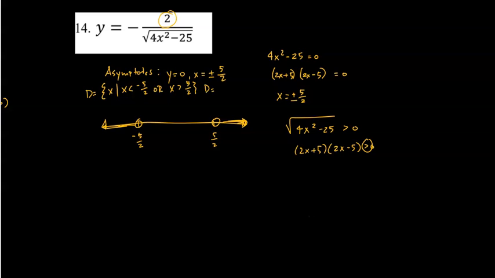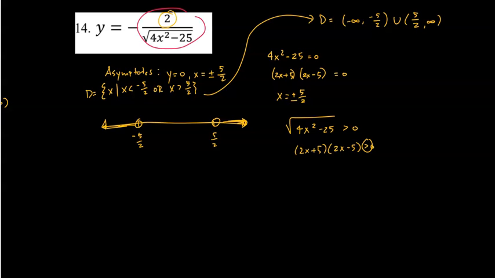If I rewrite that in interval notation, domain, it's going to be negative infinity to negative 5/2, union 5/2 to positive infinity. My range, remember the entire function. So if I take 4x squared minus 25, that has to be greater than 0.